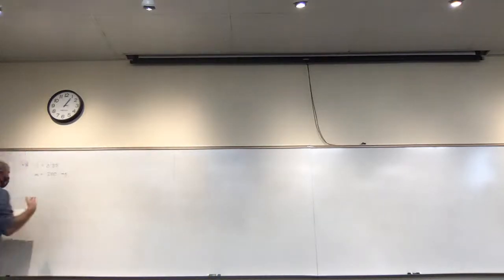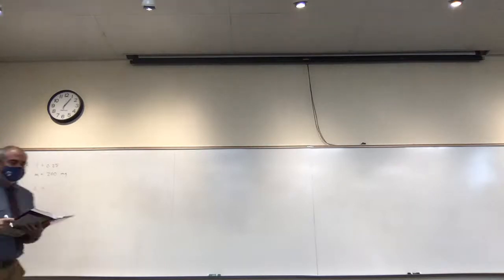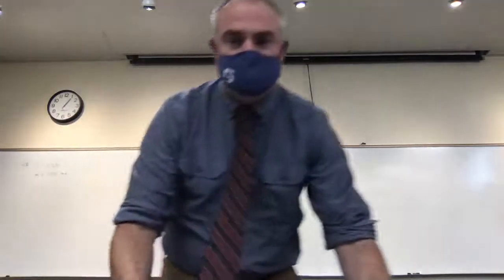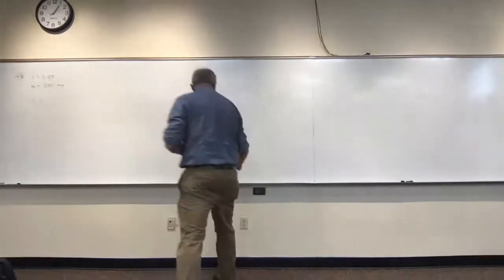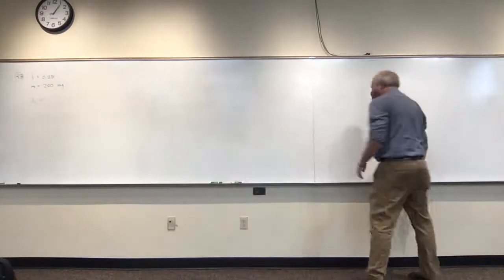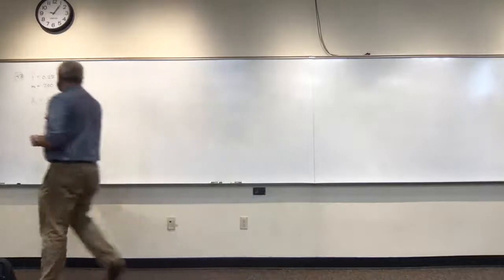So maybe let's just write a couple of them, just so we get a feel for it. What are we talking about when we say A sub 1? What's A1? It's just M, and in this case, that's just 200.